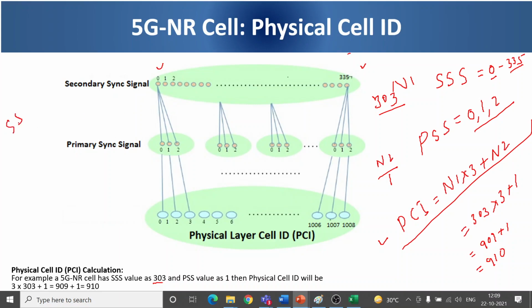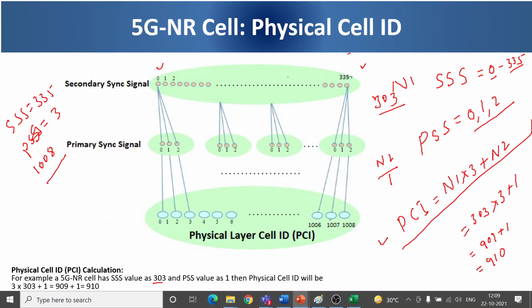Can somebody calculate the highest value? Suppose SSS is 335 and PSS is 3. Can somebody calculate and let me know what number it comes to? Yeah, so 1008. Deepika has replied 1008.